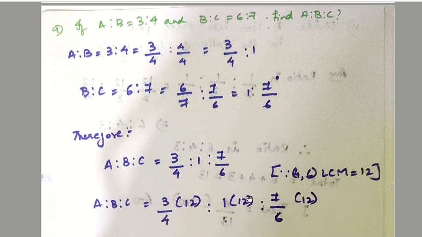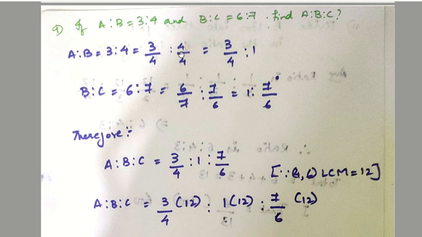If a is to b is equal to 3 is to 4 and b is to c is equal to 6 is to 7, find a is to b is to c. So you're supposed to find the value of a is to b is to c. Therefore a is to b, which they have given in the question, is 3 is to 4.